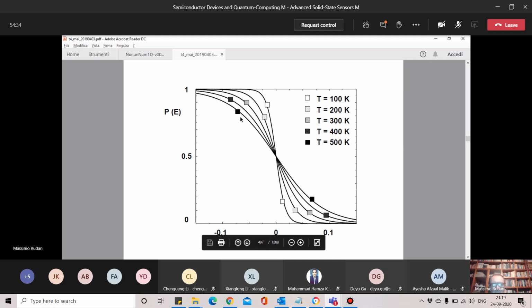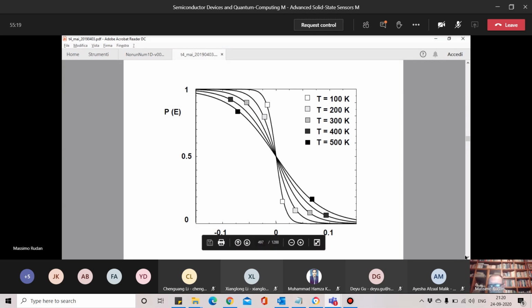So the transition from 1 to 0 occurs in some energy interval, and it is of interest to understand whether this energy interval is large or not so large. We make an intermediate step. If you look at the curves of this figure, you see immediately that their slope is almost 0 to the left. Also, the slope is almost 0 to the right, and the slope is large and negative in the middle.